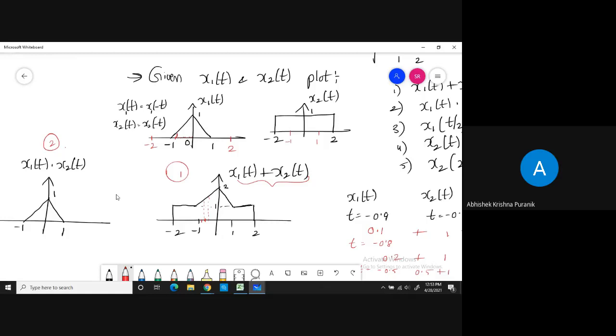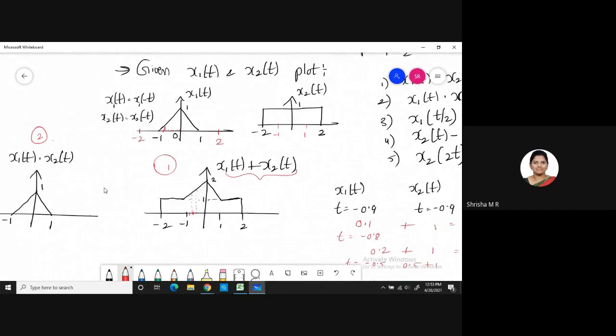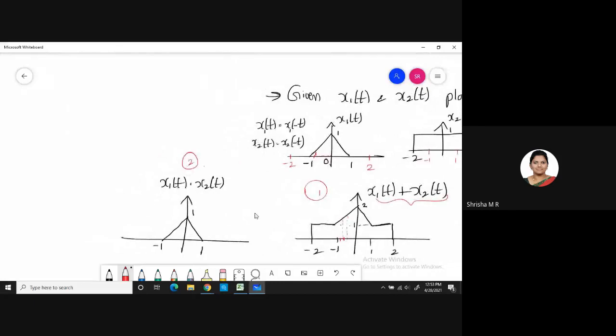Thank you, ma'am. So, third one, they have given you x1 of t by 2 to plot. What is this? Scaling. What type of scaling will it result in? You're scaling t with a fraction, which is x1 of 0.5t. What will happen when you scale t with a fraction? The signal will expand, correct?